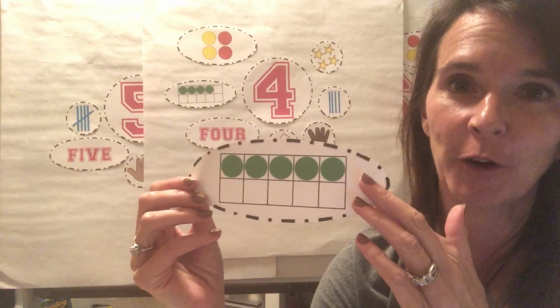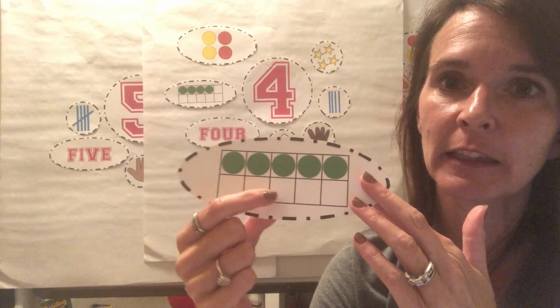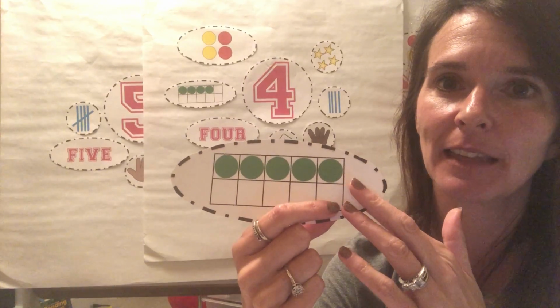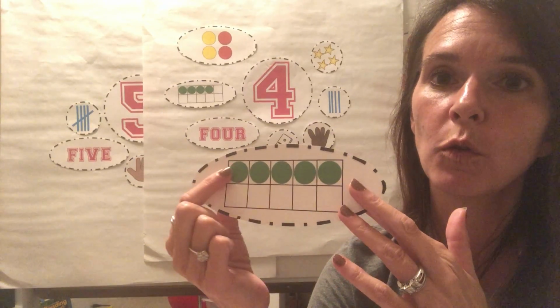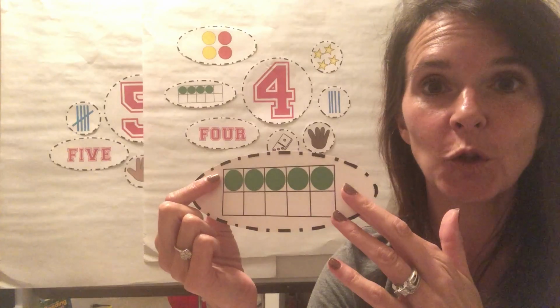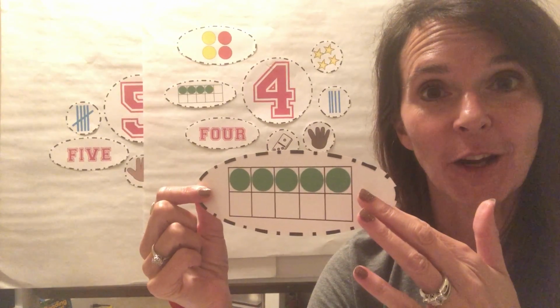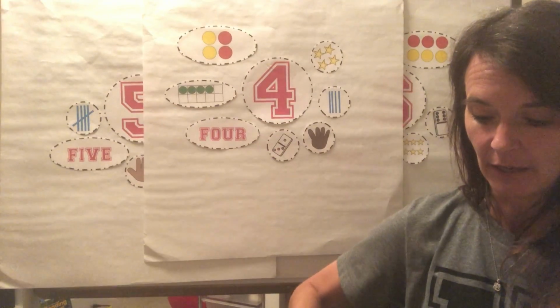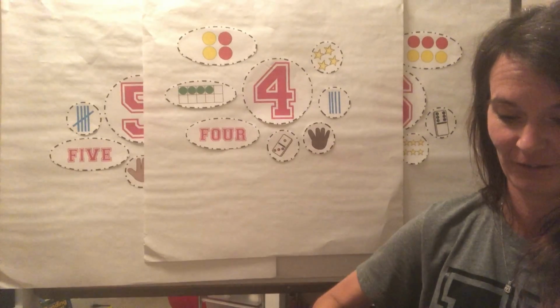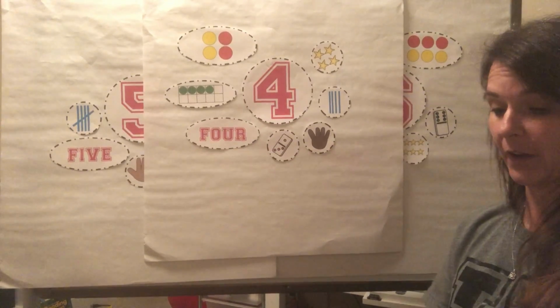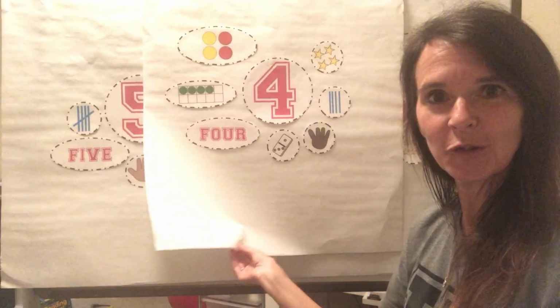This is a 10 frame, which means there are 10 little spots on this. And when the whole top row is full, I know that there are 5 little dots there. So this is going to go on poster number 5. 5 is a super special poster today.